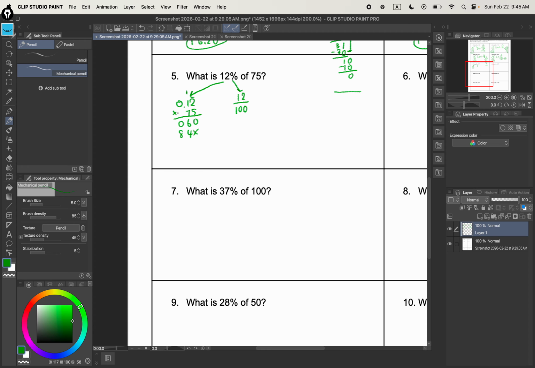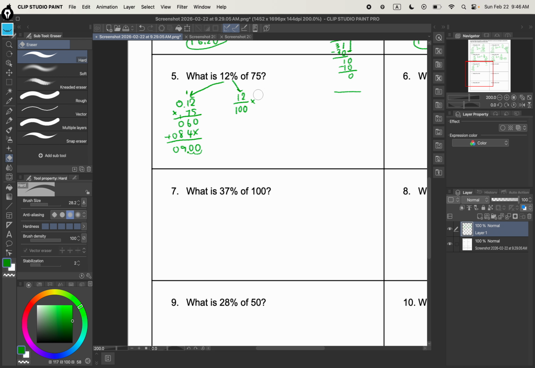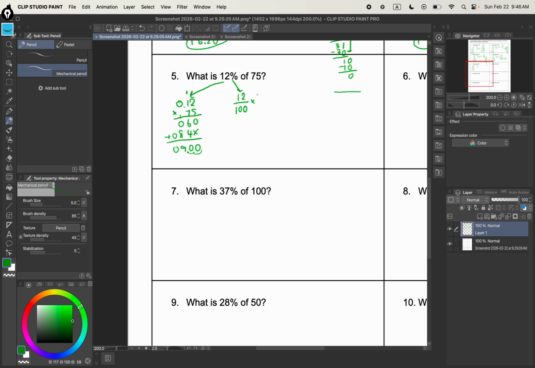Carry the 1 again. So 1, 2, so it's 9. Oh, before I do that, I'm actually gonna simplify so that I don't have to multiply giant numbers.